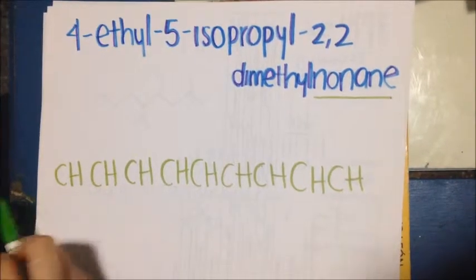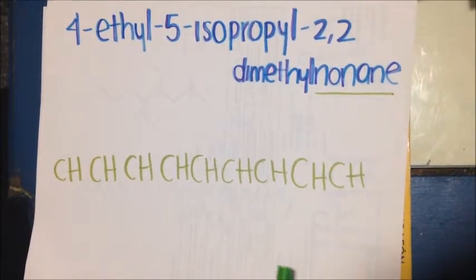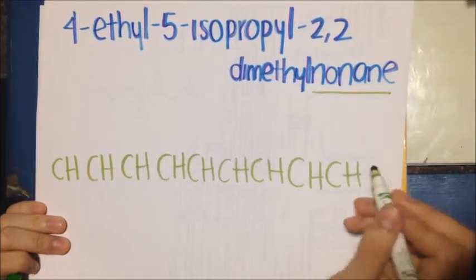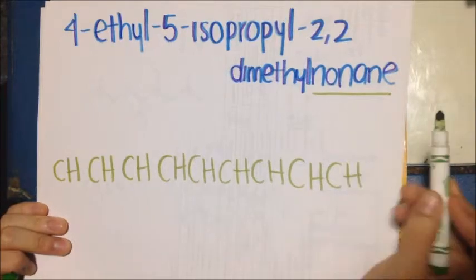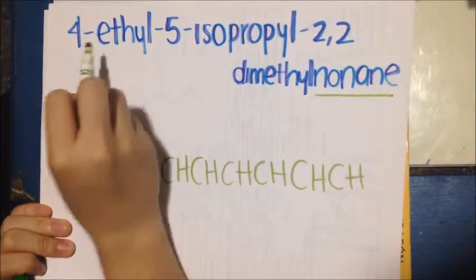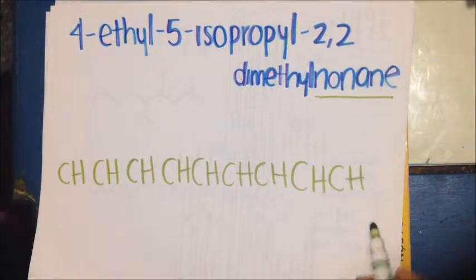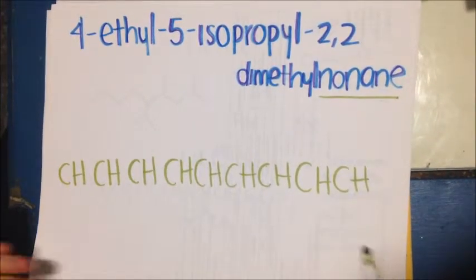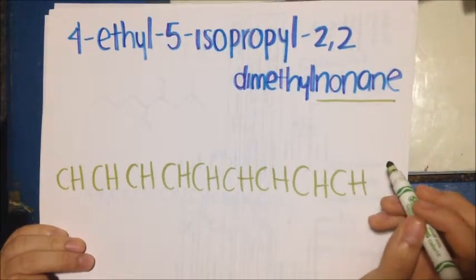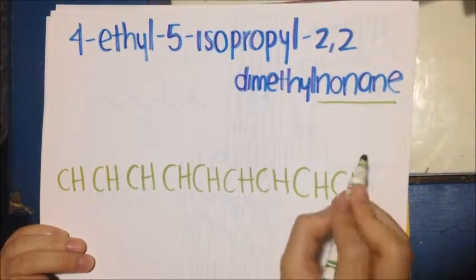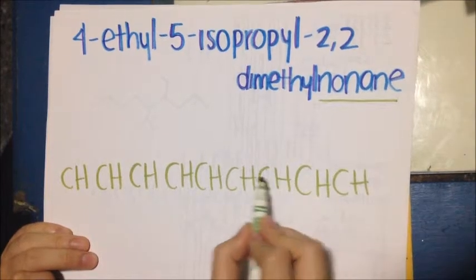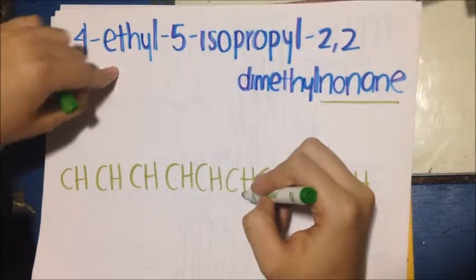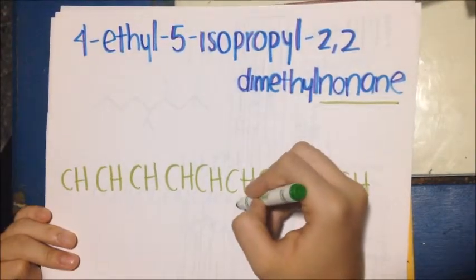And we are going to start from any side. I'm going to start from right to left. First is ethyl, because it is in alphabetical order. It doesn't matter, but we prefer to do it like this. 4: 1, 2, 3, 4. Ethyl. Ethyl is 2 carbon atoms.